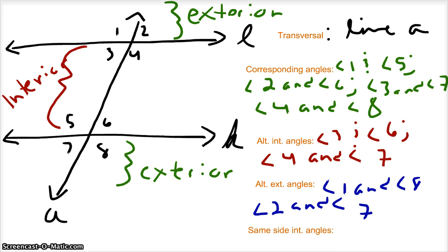Last but not least, same side interior angles, we have angle 3 and angle 4. Oh, I'm sorry. Angle 3 and angle 5. And then angle 4 and angle 6.